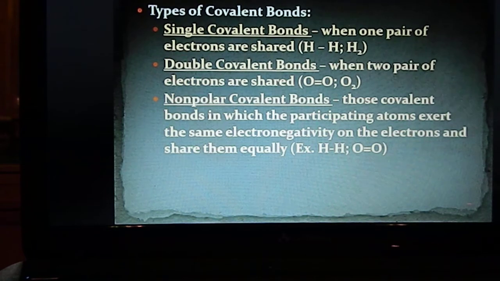So as up here at H2, where you have two hydrogens sharing a pair of electrons, you can see that they form a nonpolar covalent bond, and between the oxygens as well. Again, they have the same electronegativity, so they share those two pairs of electrons equally.